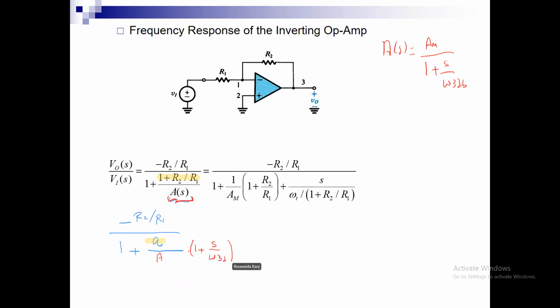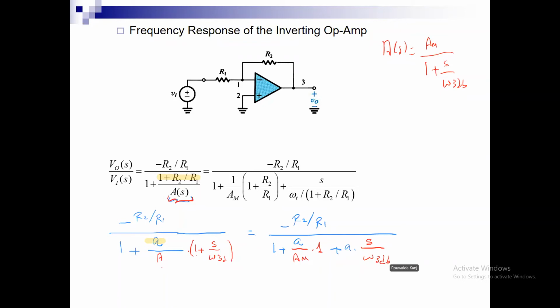Now what I'm going to do is group all the constants in the denominator and keep the S term alone. As a constant I will have 1 plus A over AM times 1, and then plus A times S over omega 3 dB.